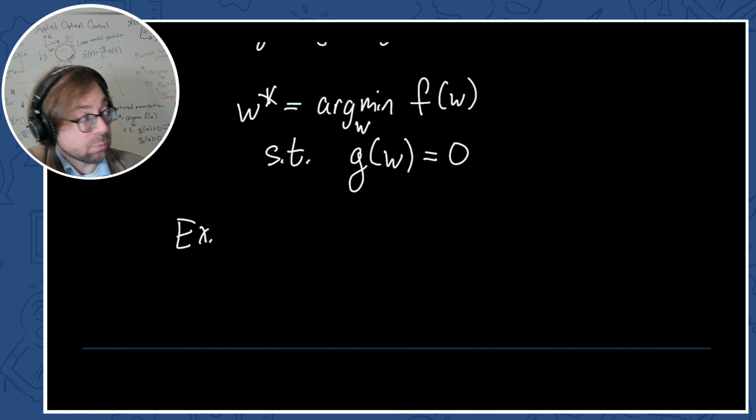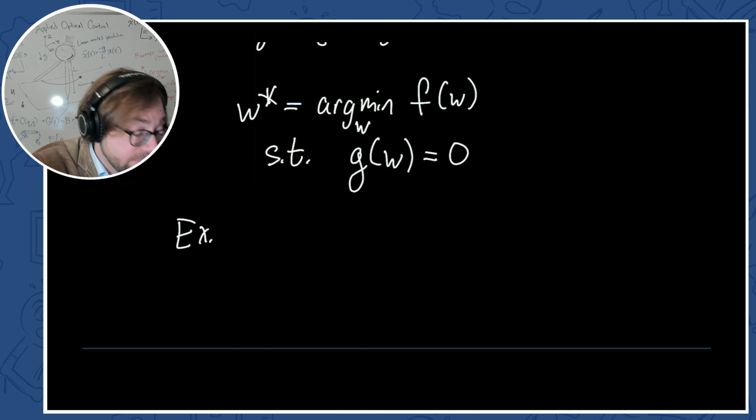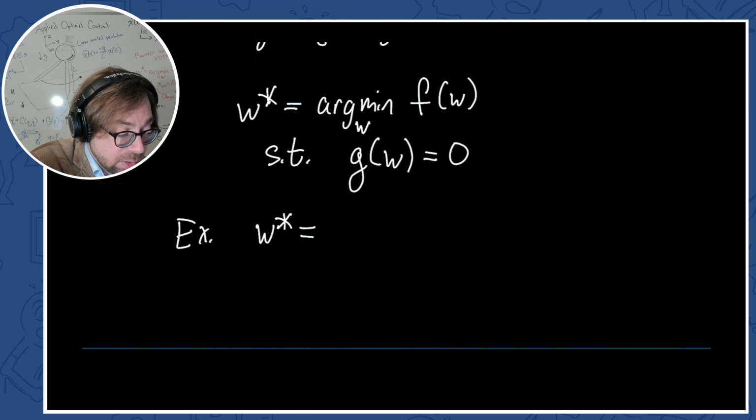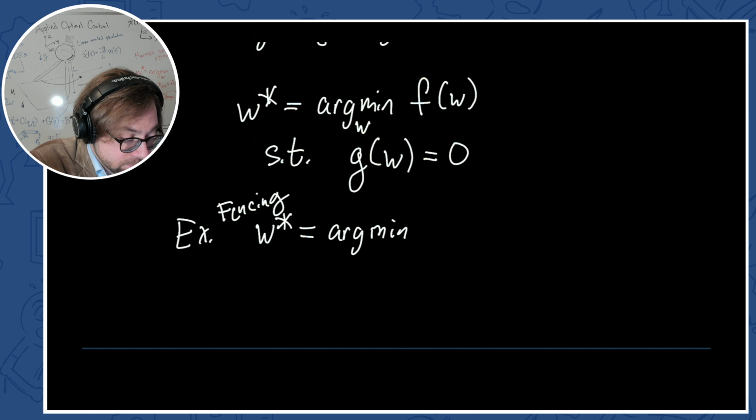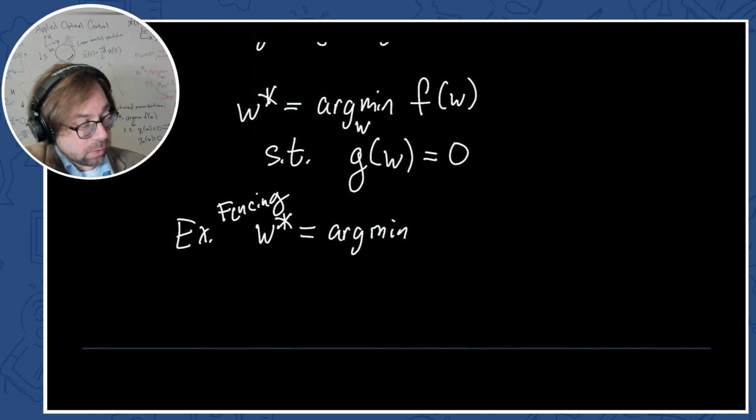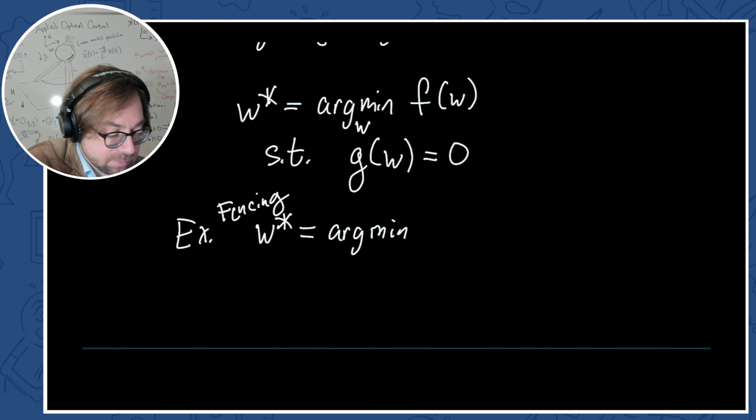Let's write that in terms of a program. Our w star, this is fencing. W star is equal to arg min. And I'll get to the MATLAB shortly. MATLAB is coming.